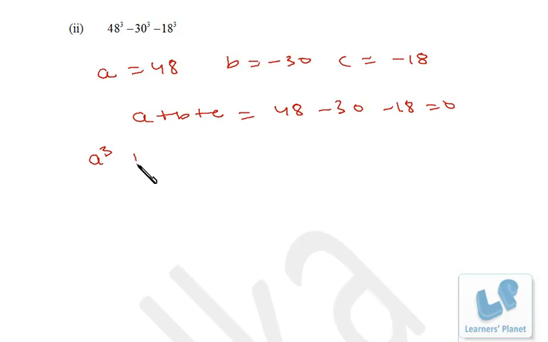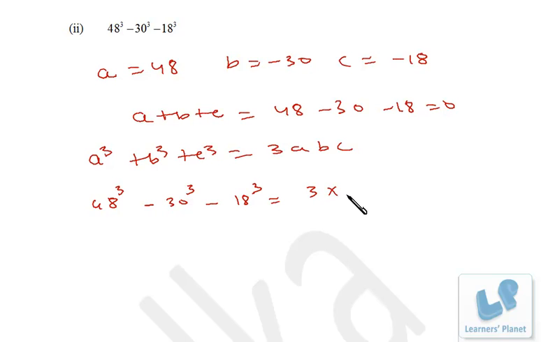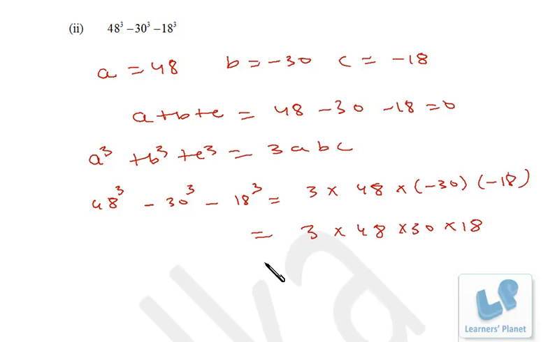That means a cube plus b cube plus c cube will be 3abc. So 48 cube minus 30 cube minus 18 cube will be 3 into 48 into minus 30 into minus 18, right? So it is 3 into 48 into 30 into 18, which is 77760.